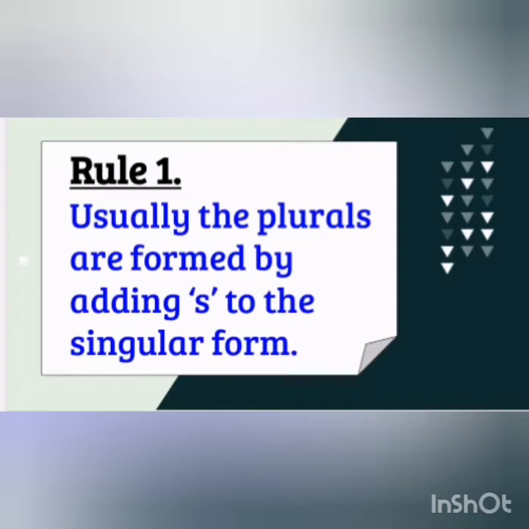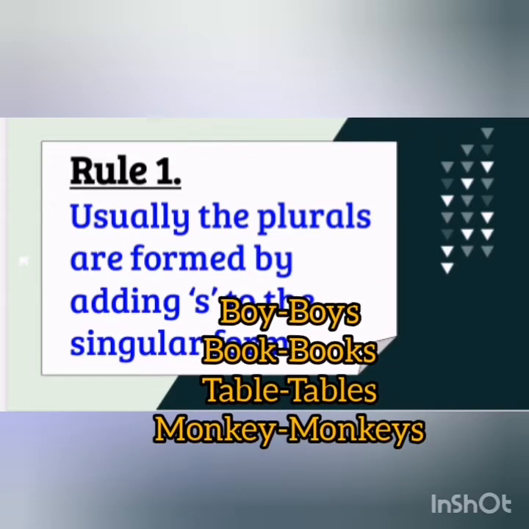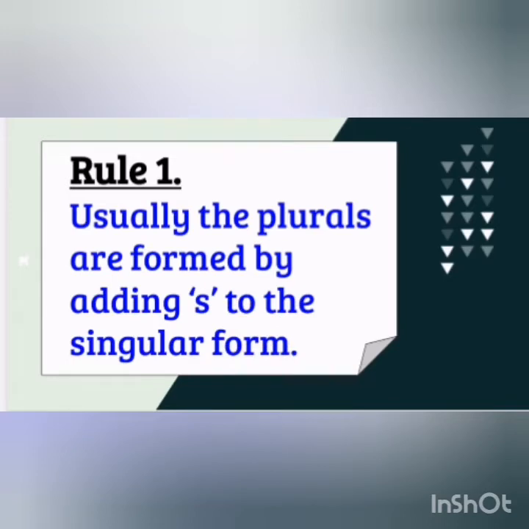For example, boy, boys, book, books, table, tables, monkey, monkeys. But everywhere this rule doesn't suit. In some places we use a different method to convert a singular into plural.